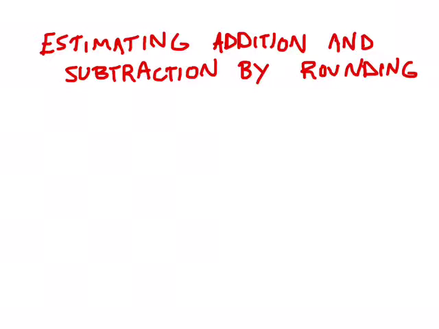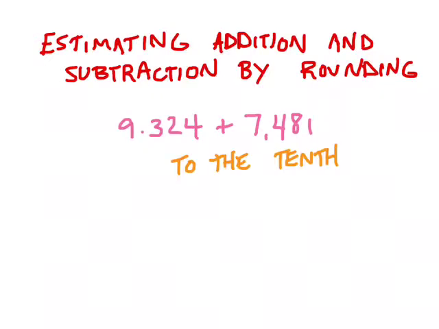So let's say, for example, I wanted to add 9 and 324 thousandths to 7 and 481 thousandths by estimating to the nearest tenth. Pretty easy. All I'm going to do is what I've been doing before. I'm going to round each of these numbers individually to its tenths place.